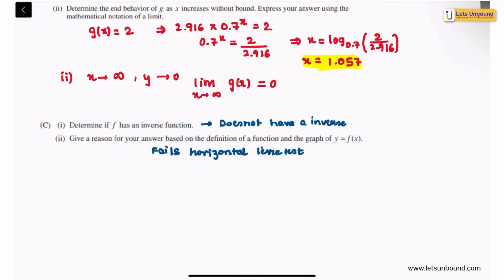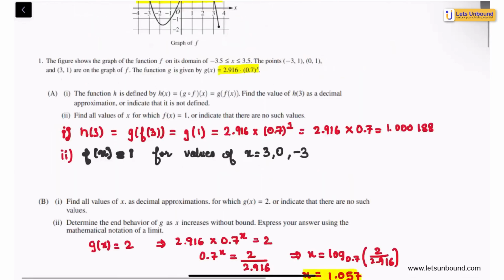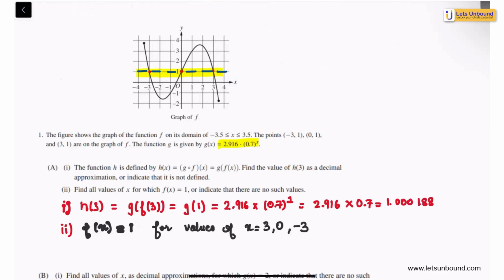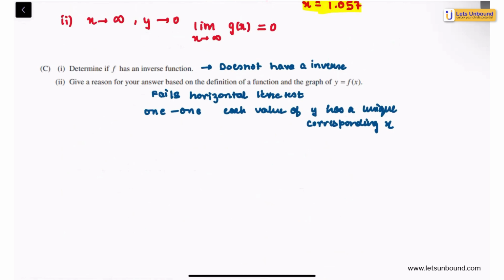For example, you can say that for a function to have an inverse, it must be a 1-1 function where each value of y has a unique corresponding x. However, you can give the example that 1 in this case has 3 values of x, which are -3, 0, and 3. Therefore, we will say that it does not satisfy the definition of a function.